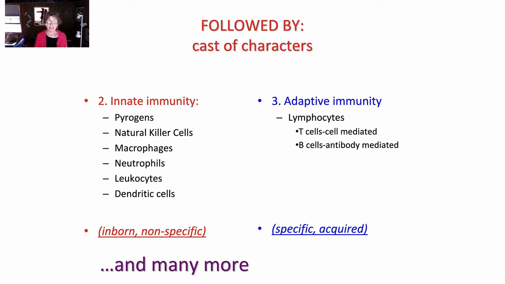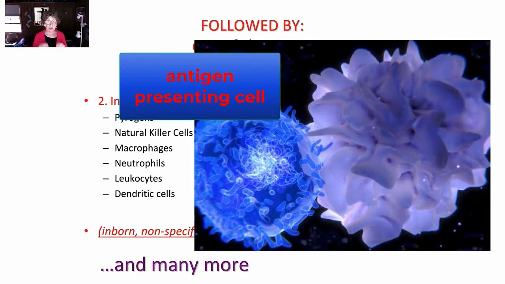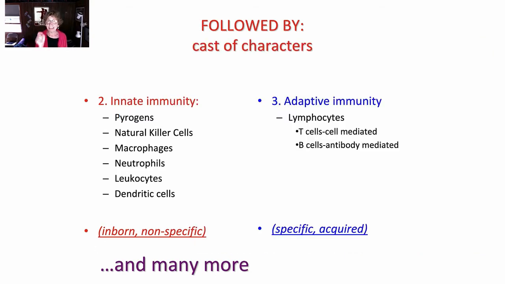We have what are called natural killer cells, macrophages, neutrophils, also known as pus, leukocytes, white blood cells, and dendritic cells. We'll talk about how it's the dendritic cells that have these spiky parts that will take a piece of the pathogen and present it to our adaptive immune system, looking for that specific response.